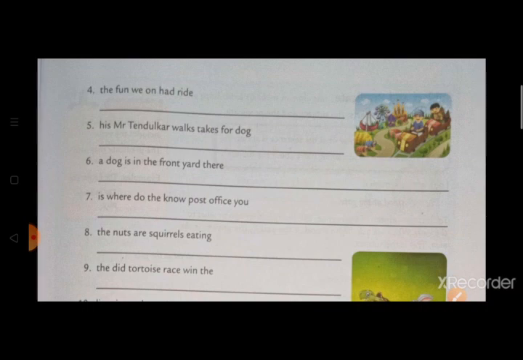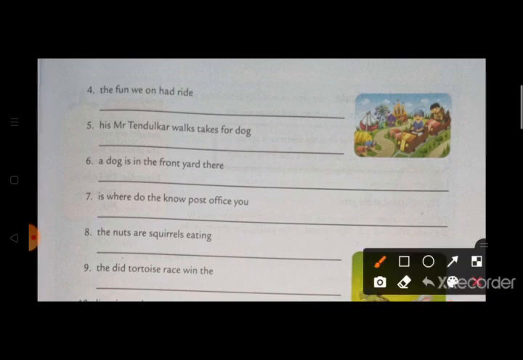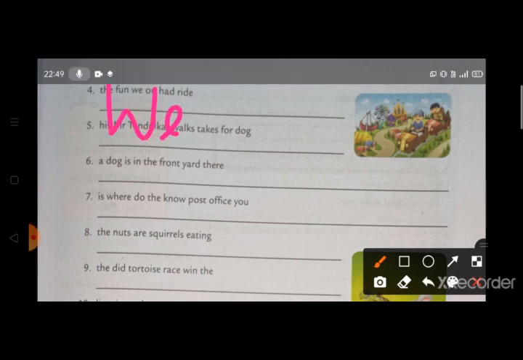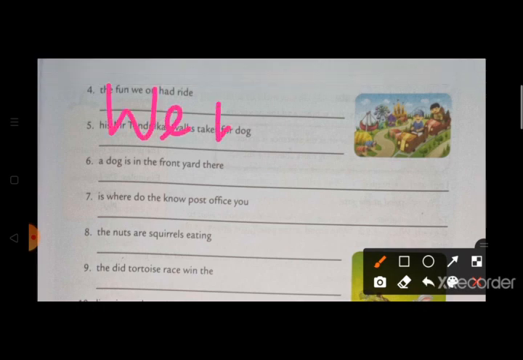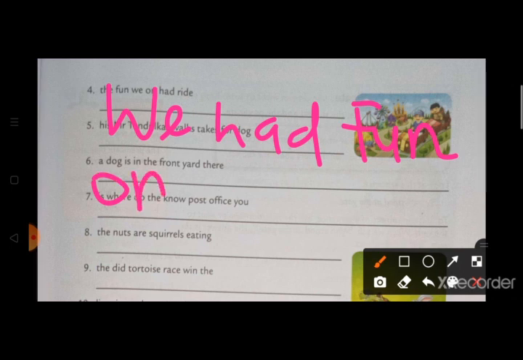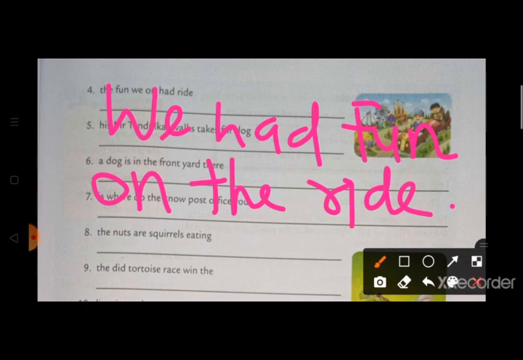The fun we on had ride. So here we are going to write we first. We had fun on the ride. Okay.